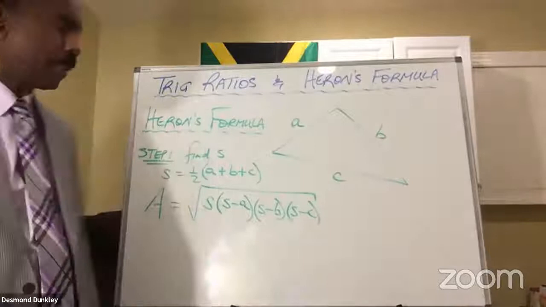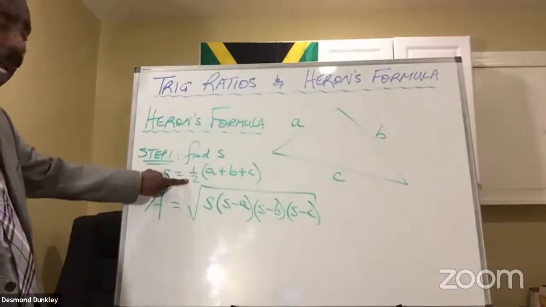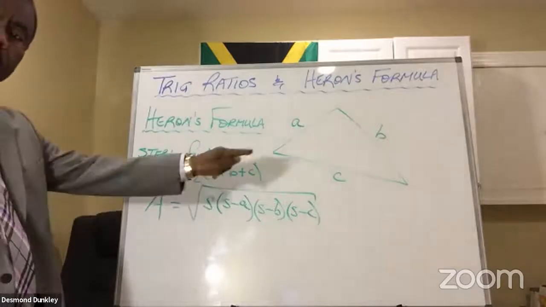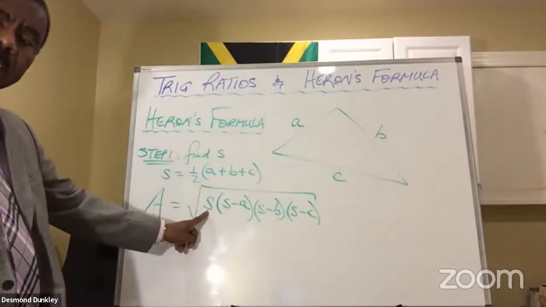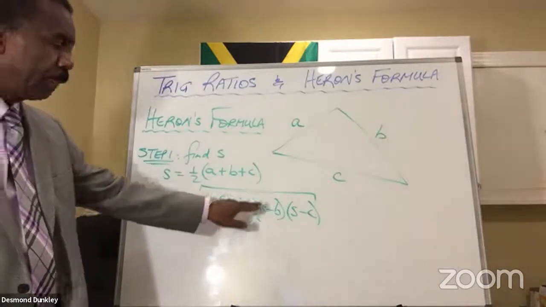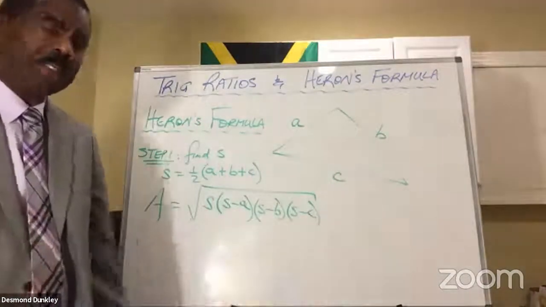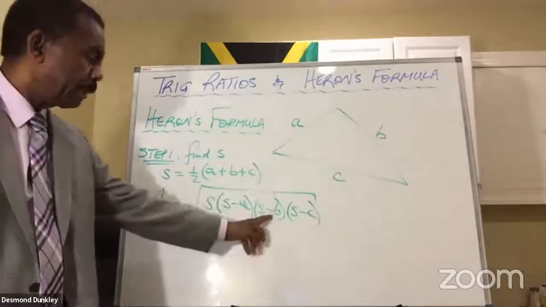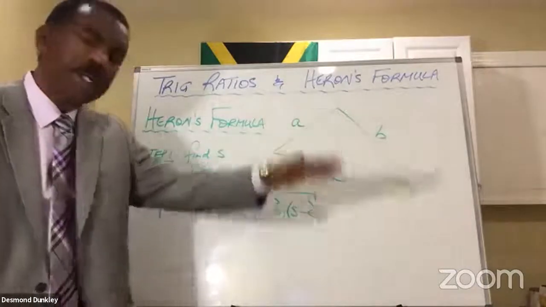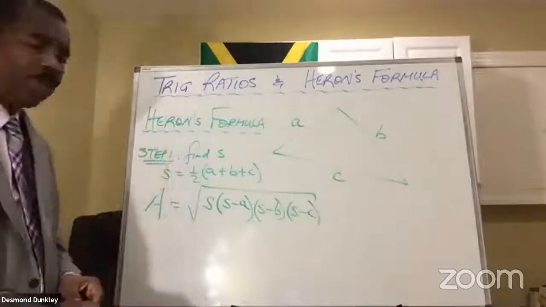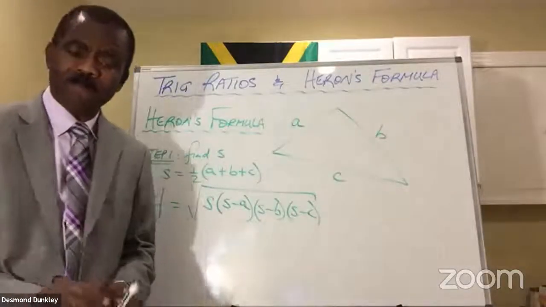This is Heron's formula. 2 steps. Find a half the perimeter, and then the area is going to be the square root of half the perimeter times the difference of the perimeter and each side, the product of the differences. So S minus A, S minus B, S minus C, and you're multiplying them all together, boom, there is your answer. So let's do an example.